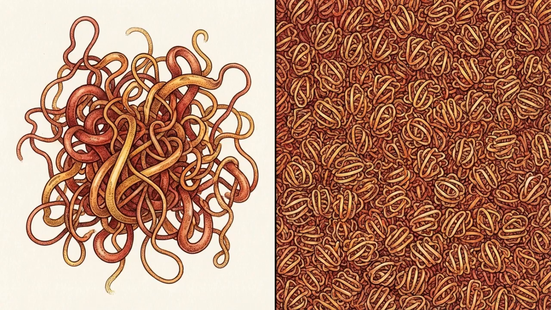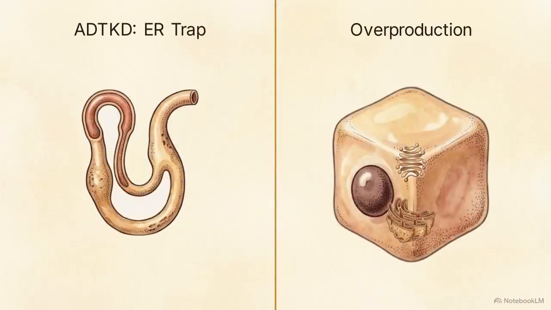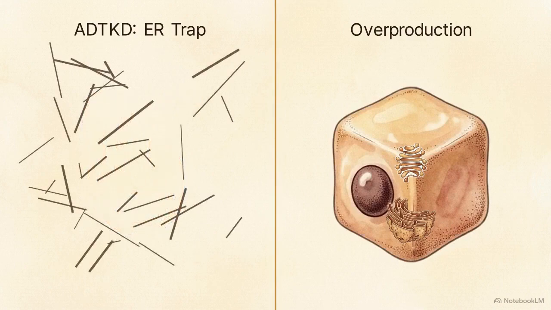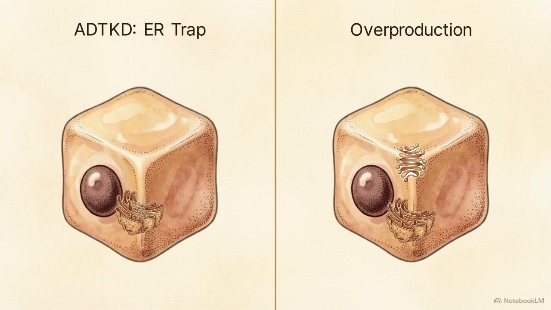The UMOD gene presents a unique genetic vulnerability. Pathology emerges at two exact opposite extremes, the misfolding of the protein and its massive overproduction. One extreme is autosomal dominant tubulointerstitial kidney disease, or ADTKD. ADTKD is a rare genetic condition characterized by a progressive loss of kidney function due to damage in the tubular and interstitial compartments.